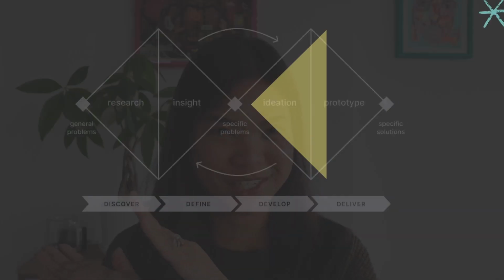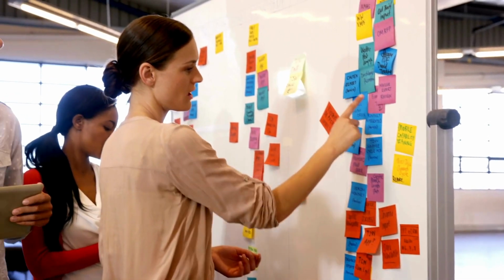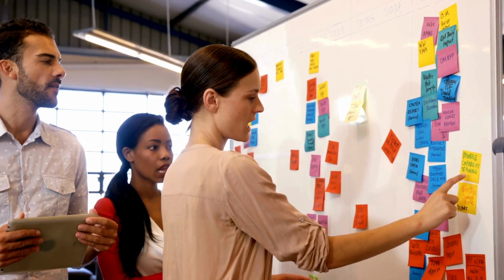And then once you get to the other side of the double diamond framework, this is where the second divergence happens, because now you have specific problems you're trying to solve, you're excited, and you're ideally coming up with some solutions on what to ideate on and what to prototype together with your product team.